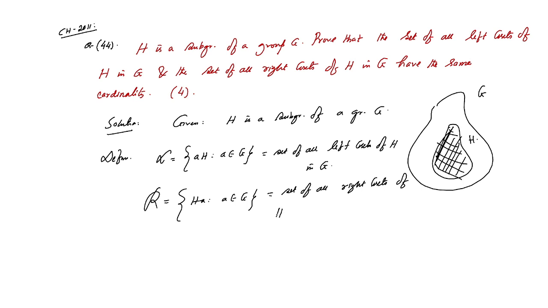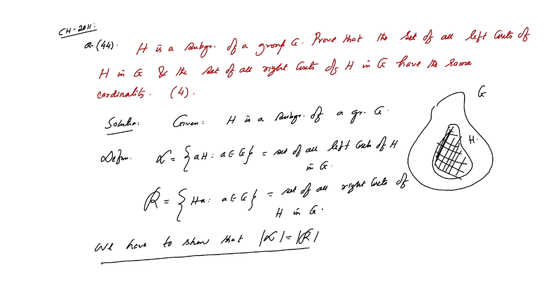What we have to show? We have to show that the cardinality of L equals the cardinality of R. That is, the number of left cosets and number of right cosets are basically the same. How will we show it?